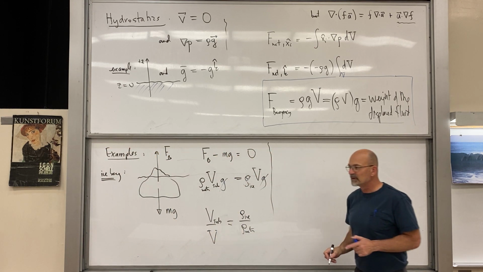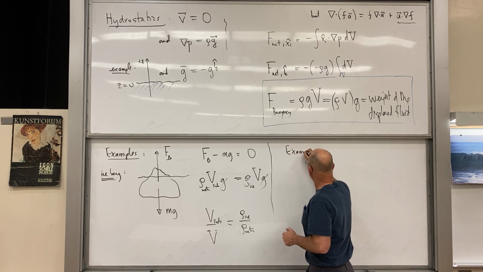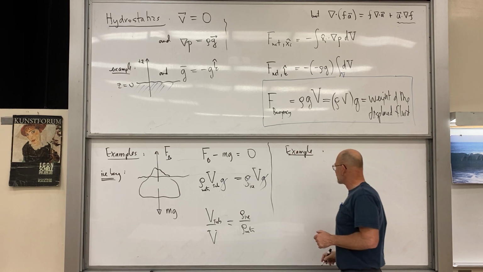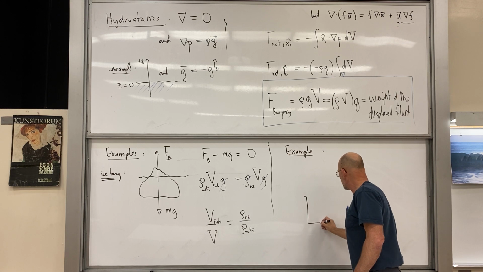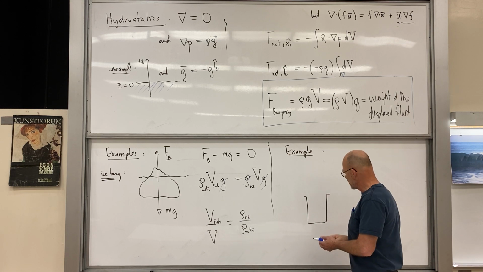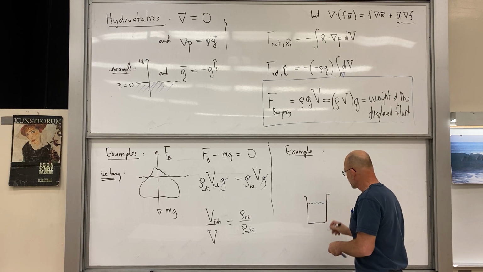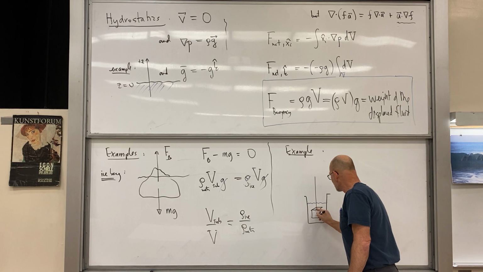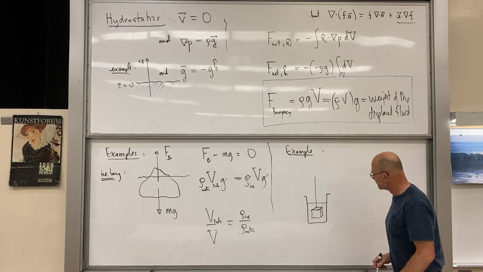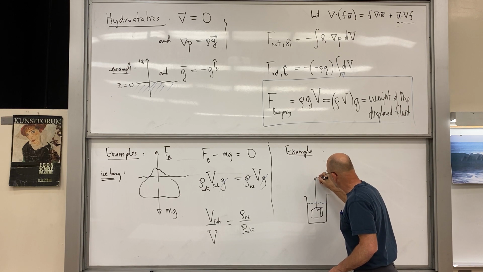This other example I'll do as a problem. This is kind of a fun one. So imagine you have a beaker and it has a certain amount of water in it, and we're going to suspend an object here that's denser than water, and this is going to be hooked up to a scale.